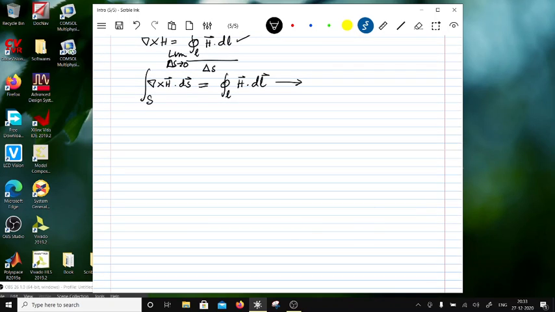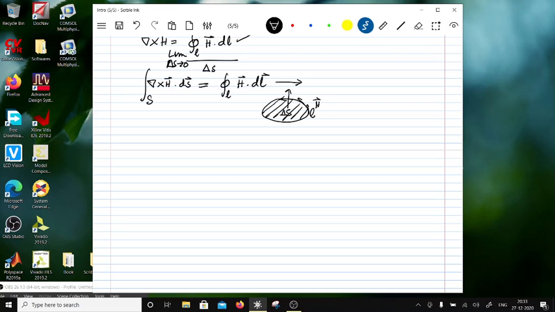So how do you do this pictorially? If I consider this loop, this loop has a length L. So dl is a vector quantity which is always tangential. If I take H, do a dot product with dl, and integrate over the complete length which forms a loop, and let's say that this area is S or delta S, and delta S is a vector quantity with a normal perpendicular to the area.